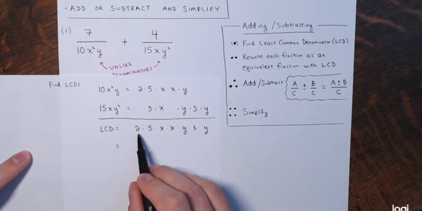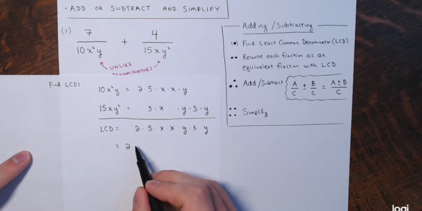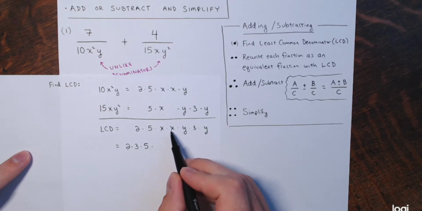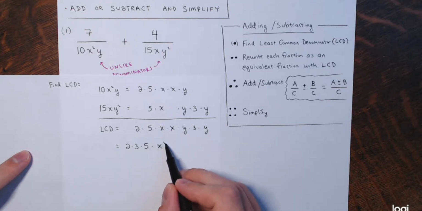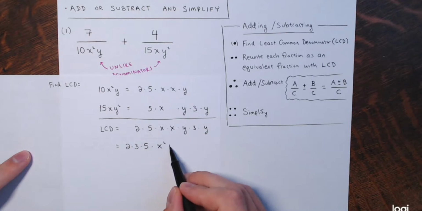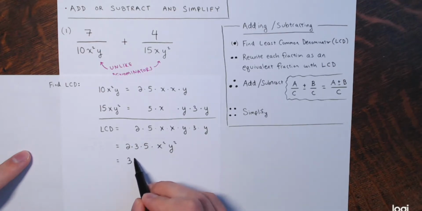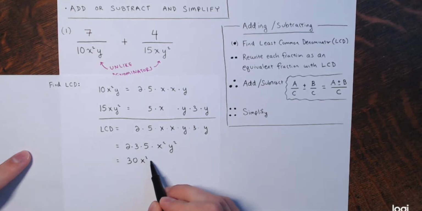I'll write them in another order. I like numeric, all the numbers out front. That's 2 times 3 times 5 times x, which is x squared, times y, which is y squared, or 30 x squared y squared.